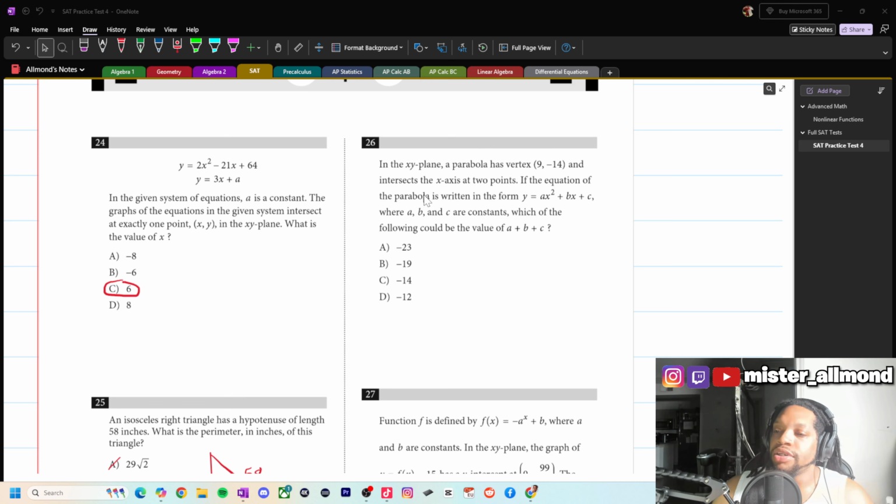If the equation of the parabola is written in that form where A, B, and C are constants, which of the following could be the value of A plus B plus C? Okay. How do I want to approach this one, first of all? As I was reading this, my first thought was to put it in vertex form.